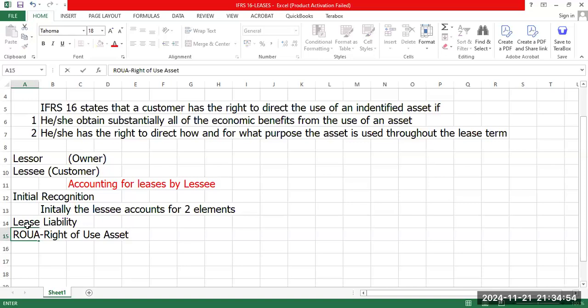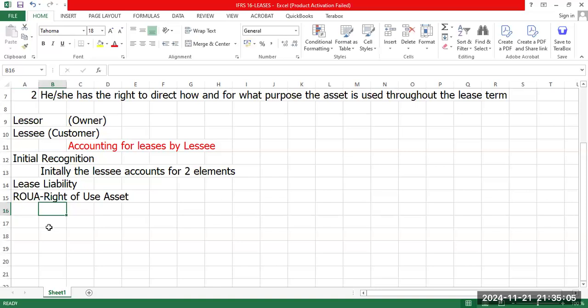So those are two elements. You as a customer or you as a lessee, you need to account for these two elements initially.